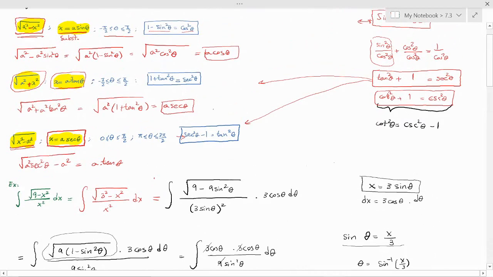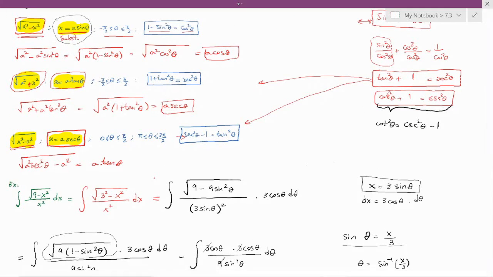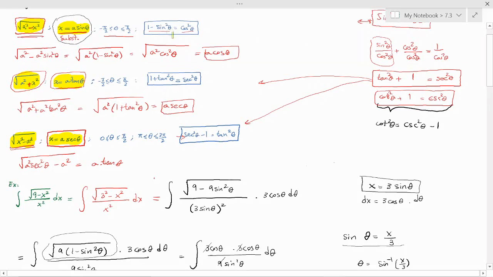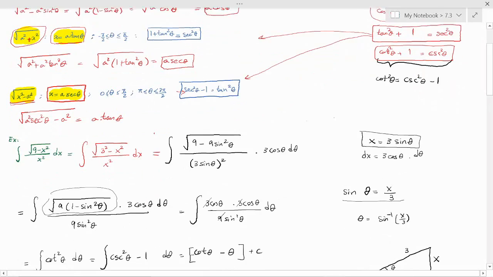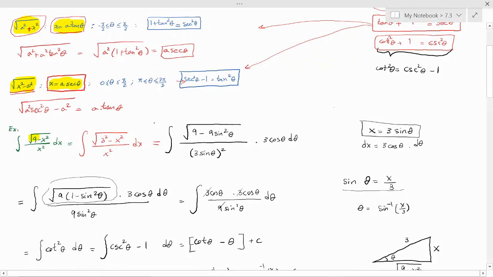It is a bit complicated, but what you need to notice is that the choice of substitution was important. If you pick the other substitution, it's not going to be easy to solve. I chose this substitution precisely because we're dealing with the square root of 9 minus x squared. At the end, we had this cotangent squared.